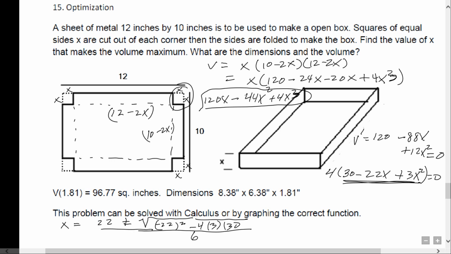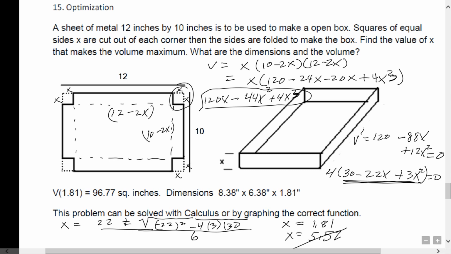Putting this in your calculator, you get x equal 1.81 and x equal 5.52.